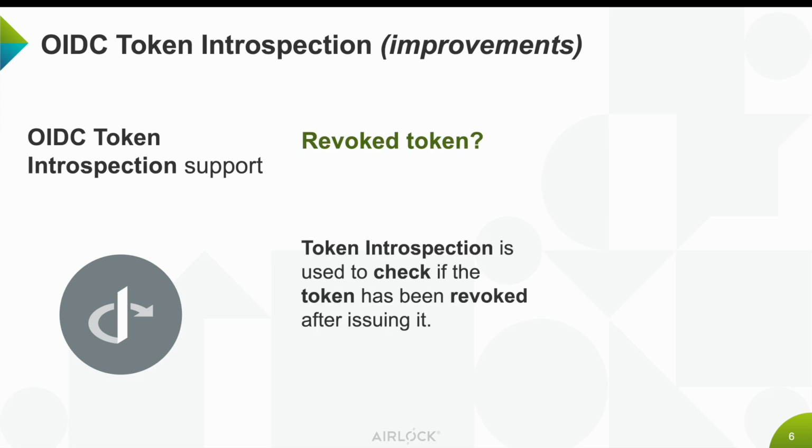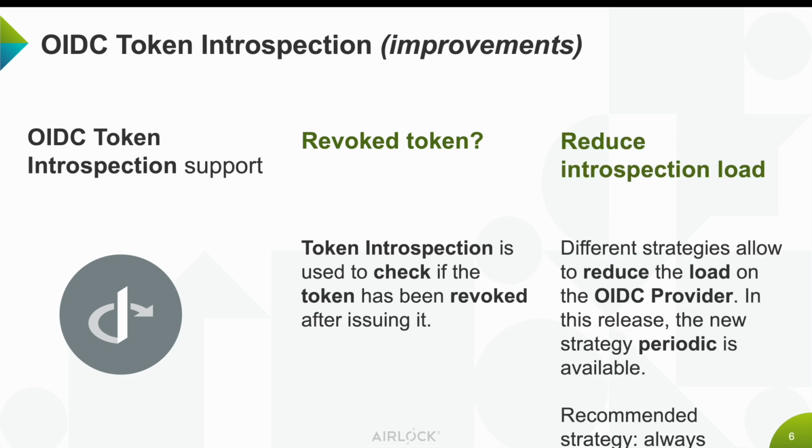OIDC token introspection is a standard to verify whether a token has been revoked after issuing it. With token introspection, each client request can be sent to the introspection endpoint of the OIDC provider to verify the token. This generates load on the OIDC provider.